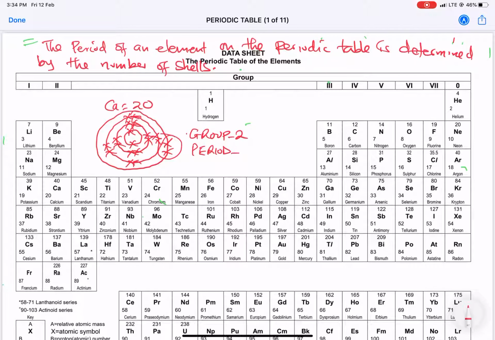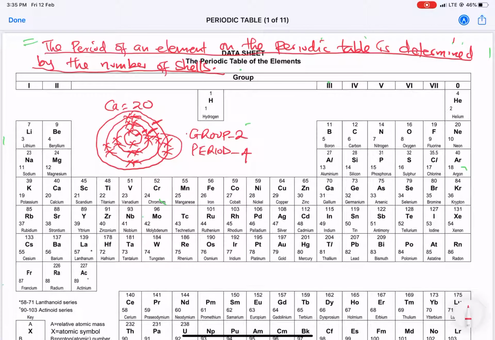Remember I said the period of an element is determined by the number of shells. So how many shells does calcium have? We have 1, 2, 3, 4. So calcium is found in period 4. Let us prove that.